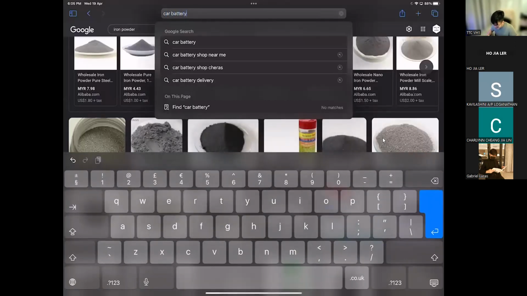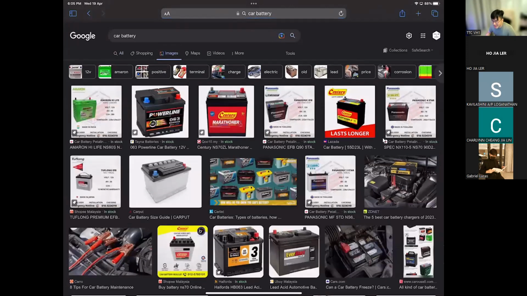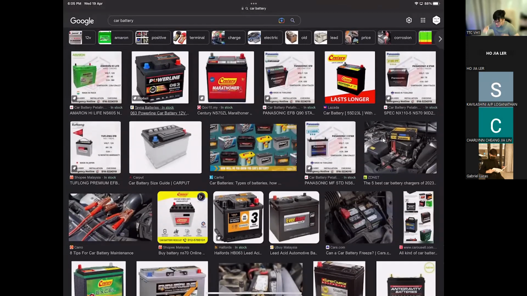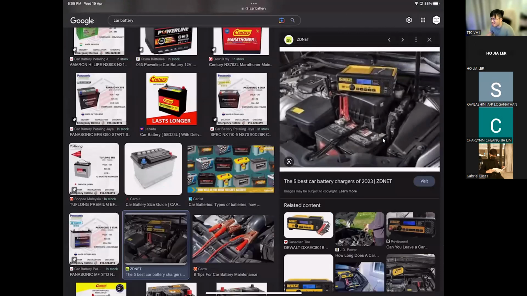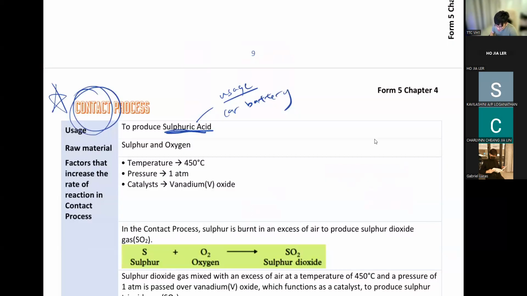Please take note. Next time you cannot start your car or you cannot unlock your car, this is the thing that's broken. Have you seen this before? It's in the engine bay. You open your car engine, you see this thing sitting there like a black box. So this is your car battery, and inside the battery is your sulfuric acid.